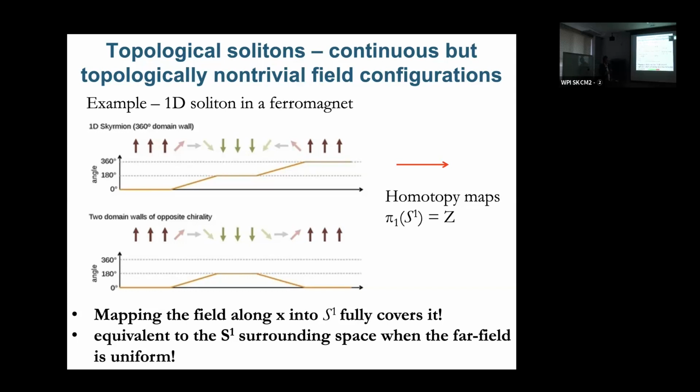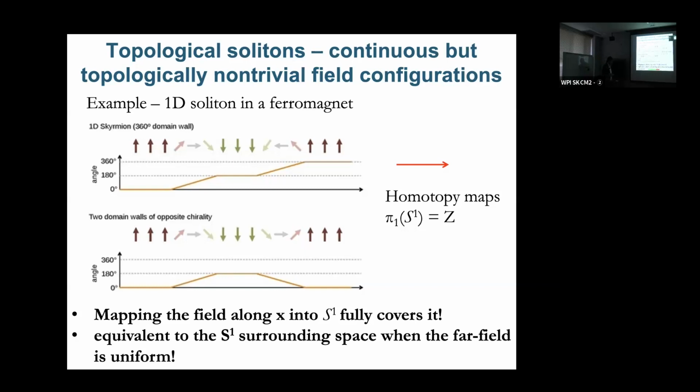In this case, however, we get the circle from connecting the ends of R1 space because of doing one-point compactification due to the uniform far-field background that this physical space has. Now, this structure is non-trivial, as indeed confirmed by this mapping in here.